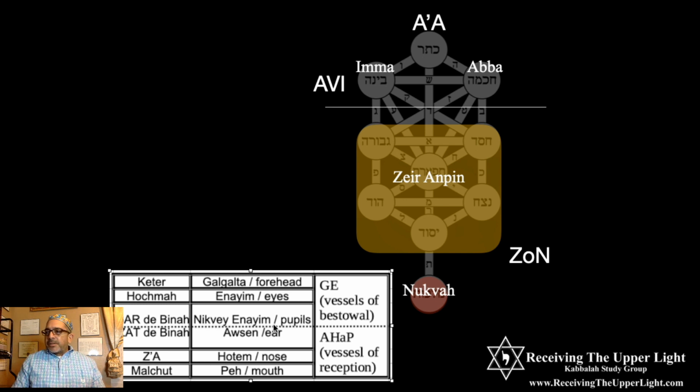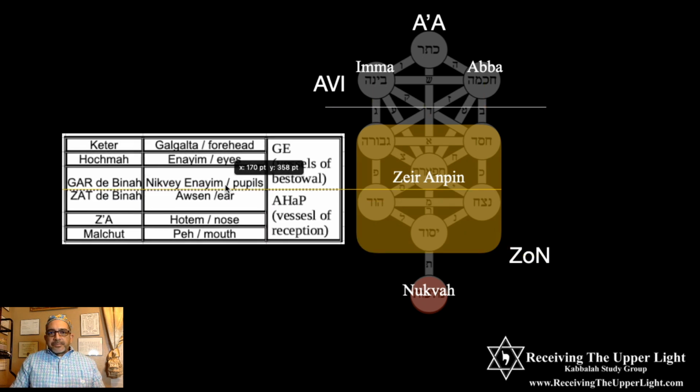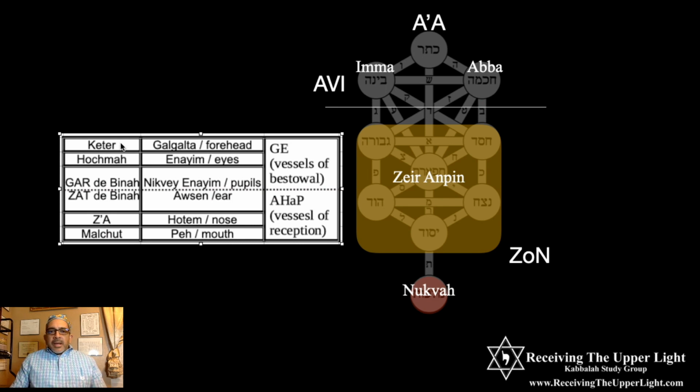The other thing that we mentioned, let me move it out over here, is that Bina is divided into 2. It's divided into what is called Nikvei Einayim, or pupils, and also the part below, the 7 sefirot below, because we're talking about the 10 sefirot of Bina. They're divided into Gar and Sag, Gimel Rishonot, which are the 3 upper ones, and the Zayin Tachtonot, the 7 lower ones of Bina.